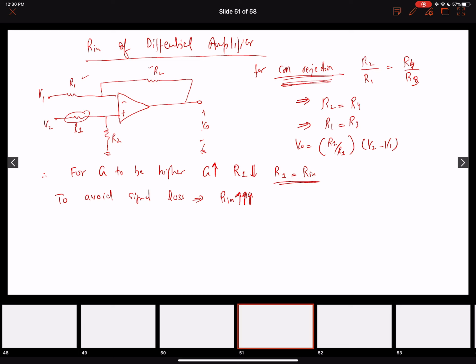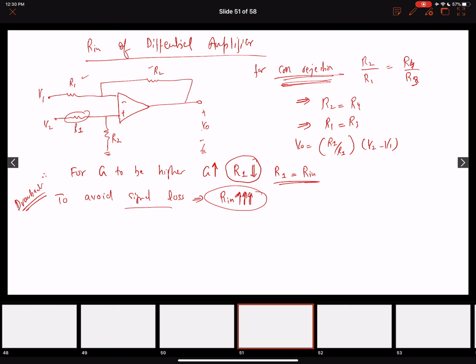So this is the drawback that we run into, that in order to have a higher gain, we want our resistance to be smaller, but in order to prevent the signal loss, we want the resistance to be larger.